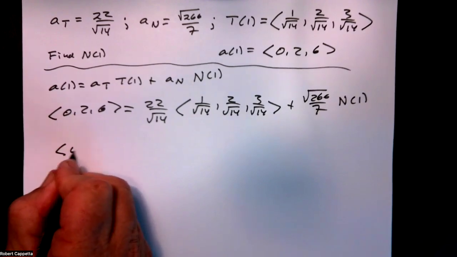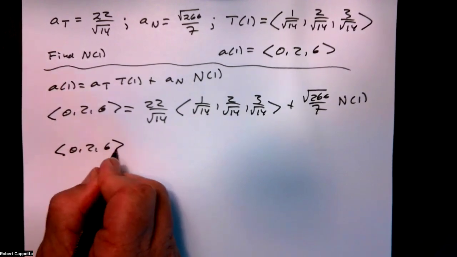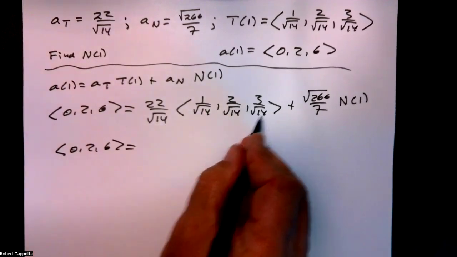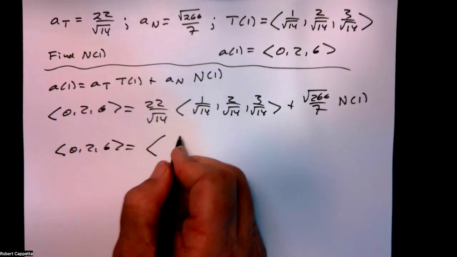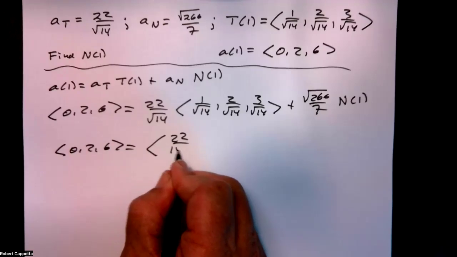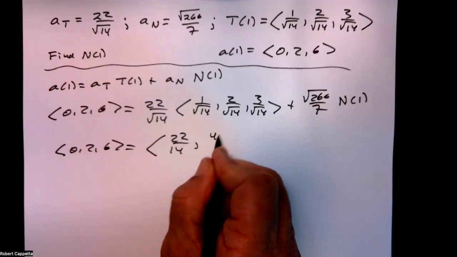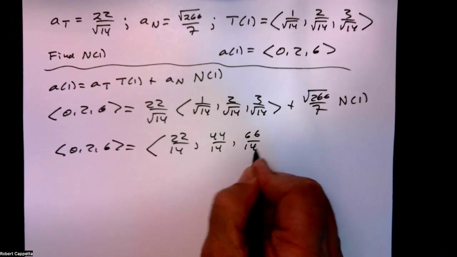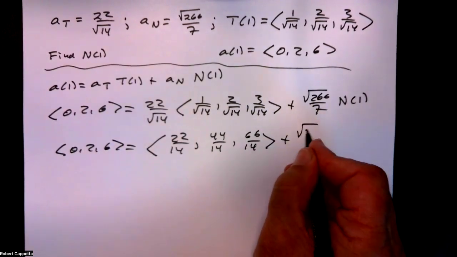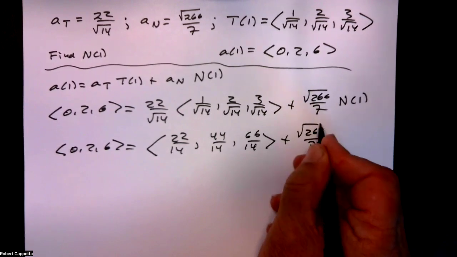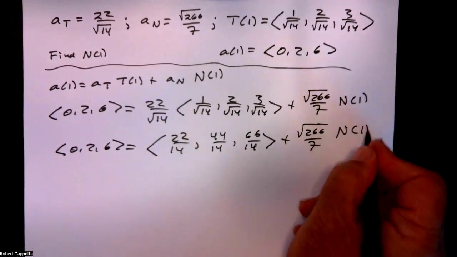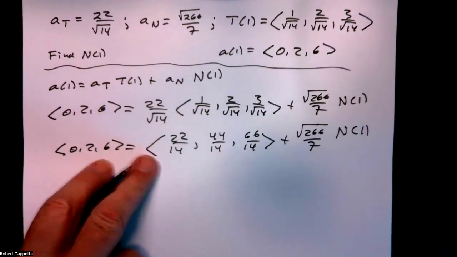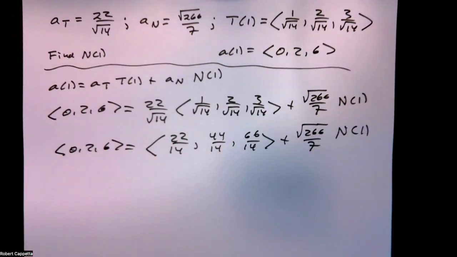So where does that put me? Now root 14 times root 14 is on the bottom. That's going to be pretty nice. That's 22 over 14, 44 over 14, 66 over 14, plus root 266 over 7 times N of 1. Now I've got to subtract all of these components from that vector to see where that goes.